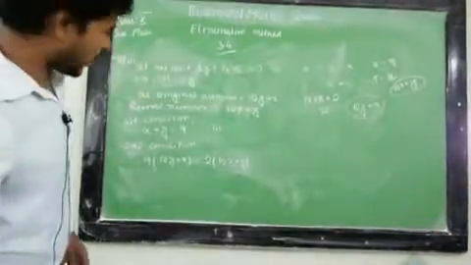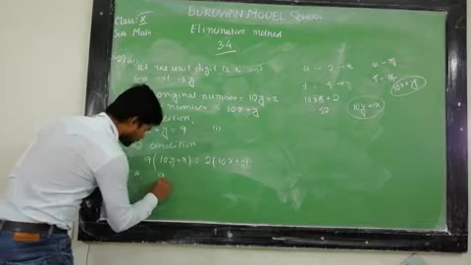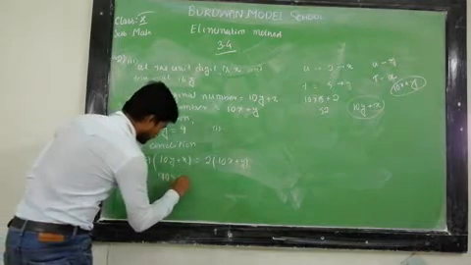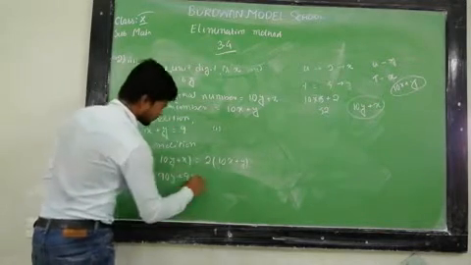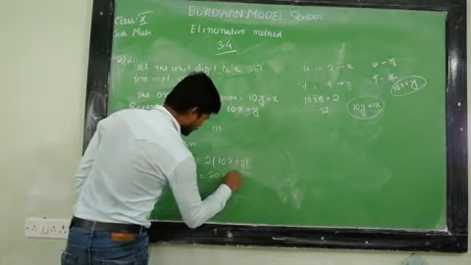Okay, so now multiply this, that is 90y plus 9x is equal to 20x plus 2y.